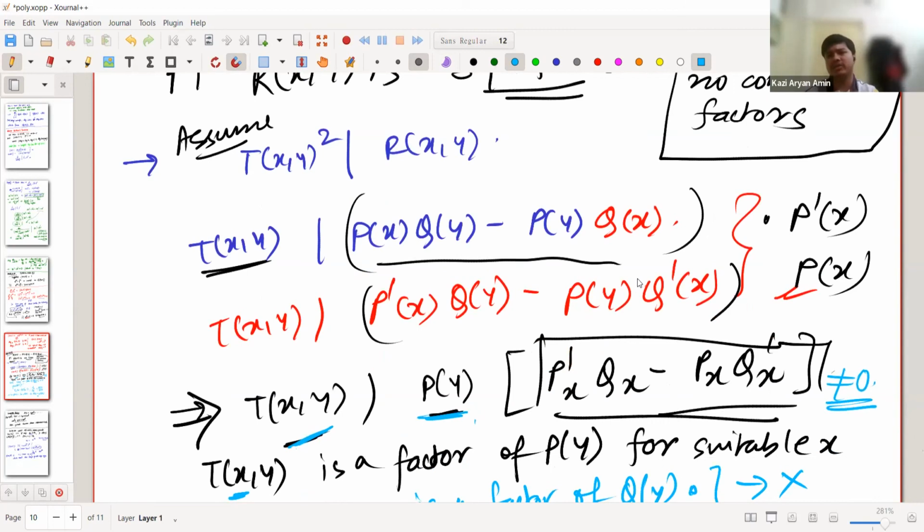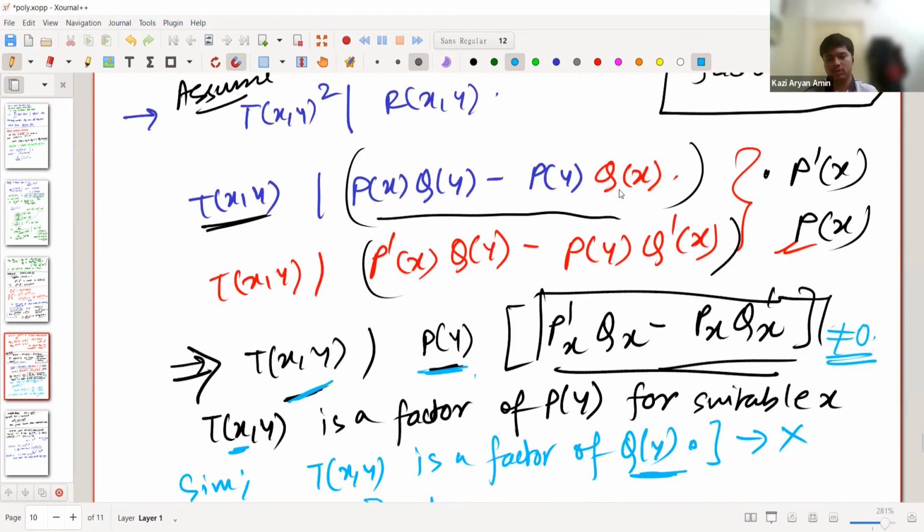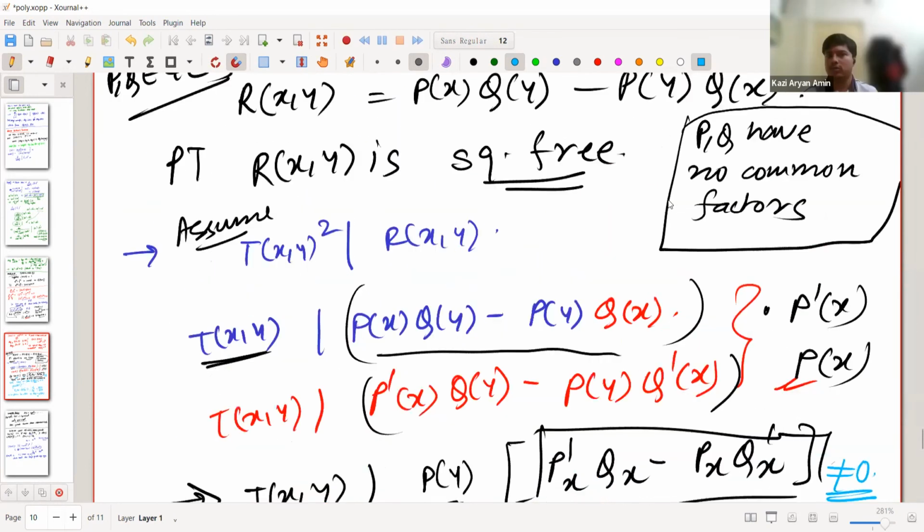Then can't we take the derivative with respect to y? I think that should work out. It will have at least one non-zero coefficient, one term in either x or y, then you can just take the other derivative. Okay, cool. Thanks.